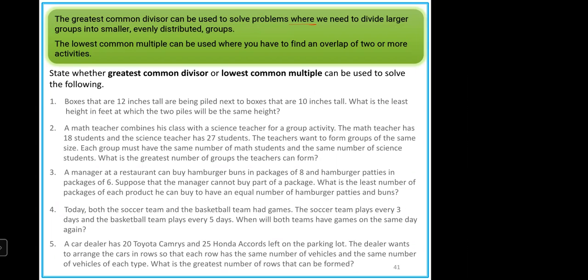Suppose the manager cannot buy part of a package. What is the least number of packages of each product so you have an equal amount? All right, so we're trying to find some kind of overlap there. So we're looking for the LCM.